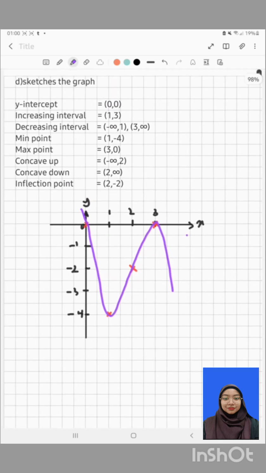So here is the look of the graph. So the question is done right now.